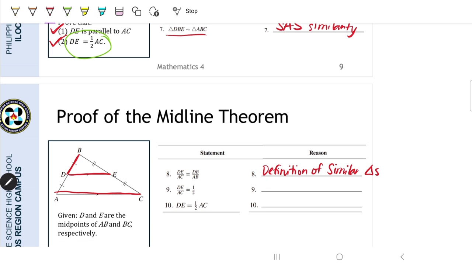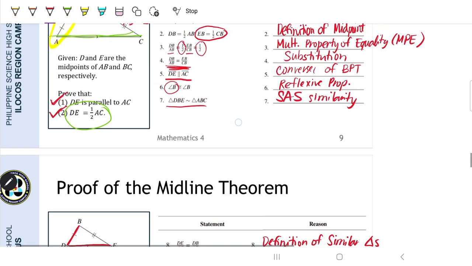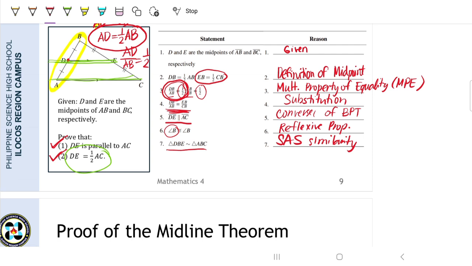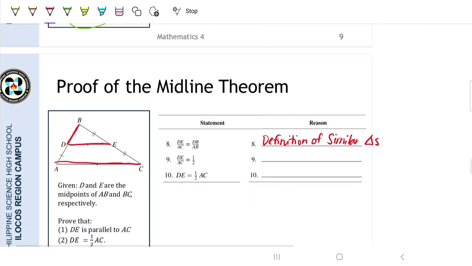Okay? And then DE over AC becomes 1/2. Why 1/2? So if we go back to our statement number 3, we have already stated that DB over AB is equal to 1/2 because of the previous statement, which is the definition of midpoint. So here we just used substitution. So coming from statement 2 and 3.